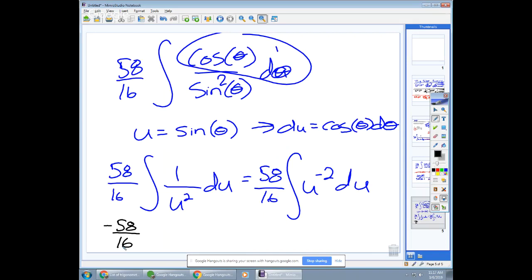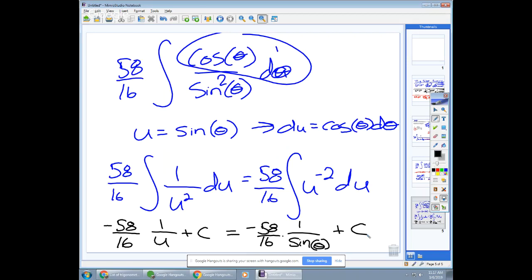And then I'm going to get u to the negative 1, which would be 1 over u. And then we have to go back and substitute a couple of times. U is really sine. So I get negative 58 sixteenths times 1 over the sine of theta plus c.